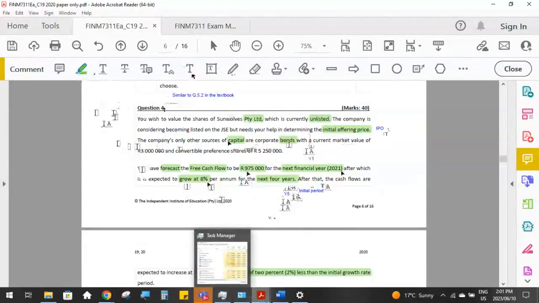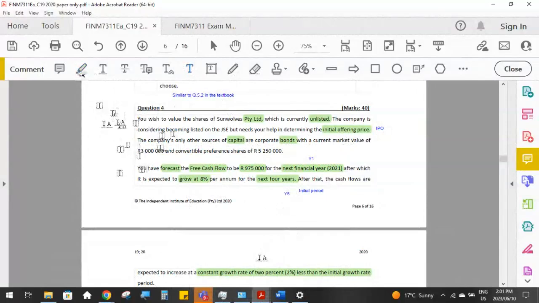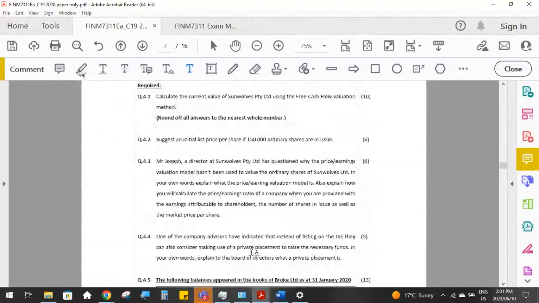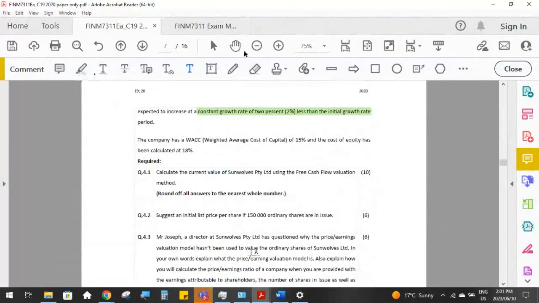So if our initial growth rate is 8%, the constant growth rate after the first 5 years is going to be 2% less than that, which means the growth rate into perpetuity is going to be 6%.